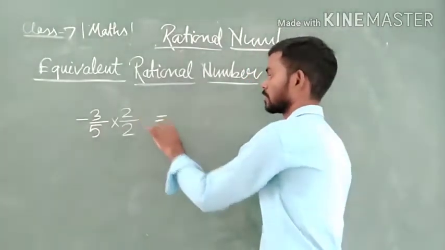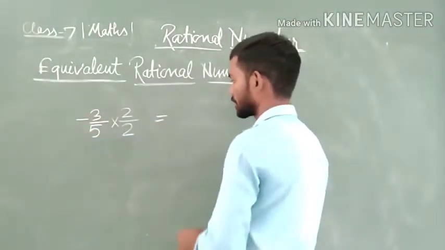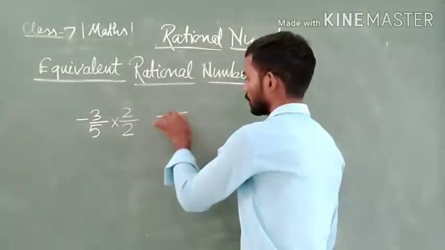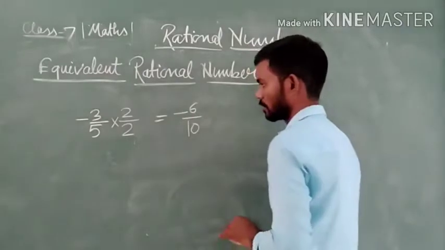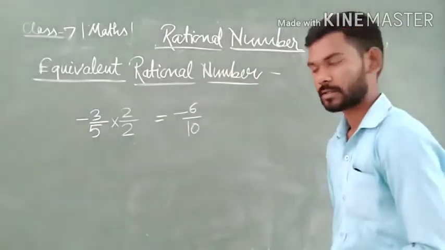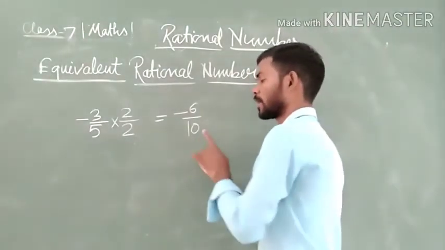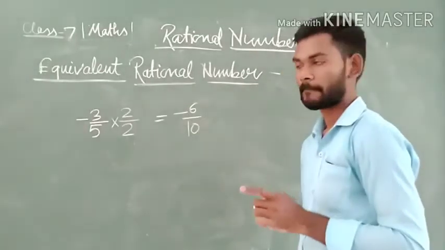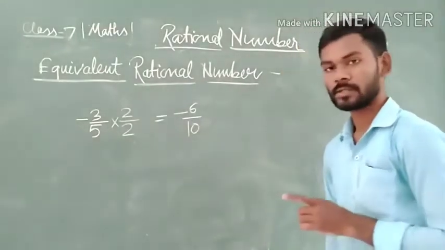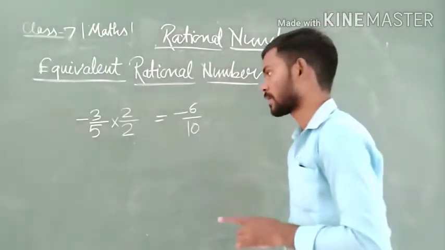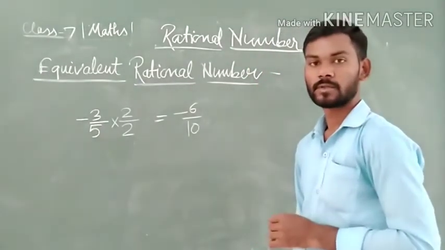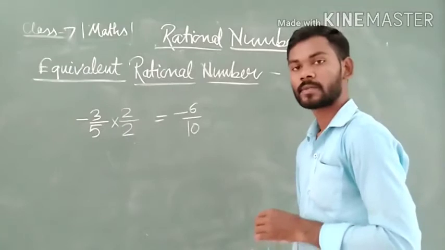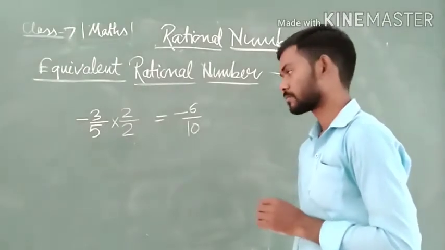After the multiplication we get minus 6 upon 10. So we can say that minus 6 upon 10 is the equivalent fraction of minus 3 upon 5. I hope it is clear.